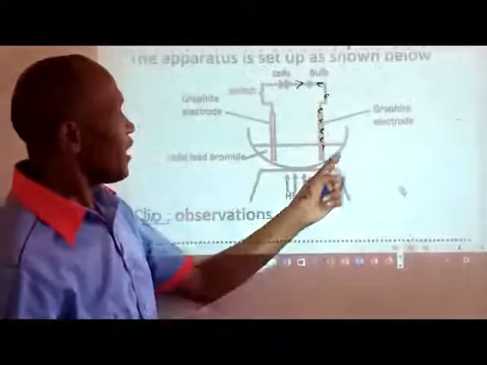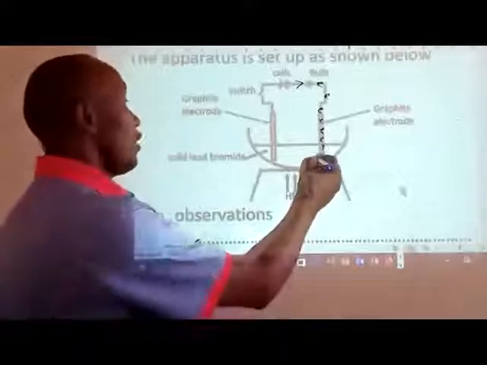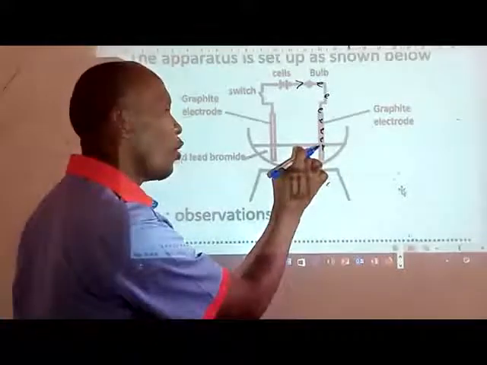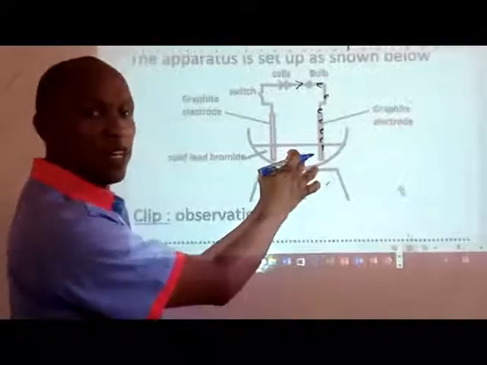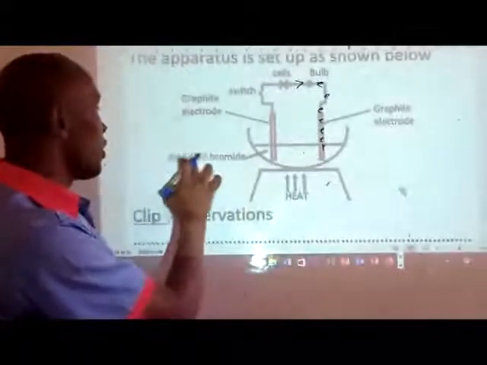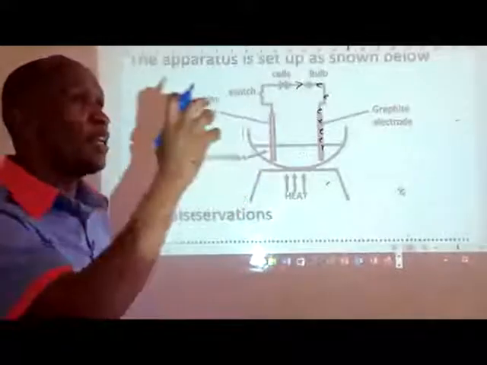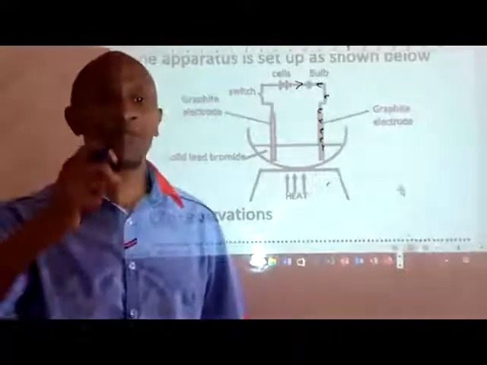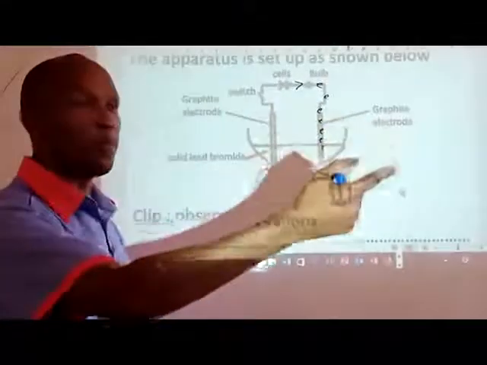But when they get to this point, they don't find delocalized electrons in here, because when you talk about lead bromide, the lead has already lost the 2 electrons in the outermost energy level to the bromine to form the bromide.